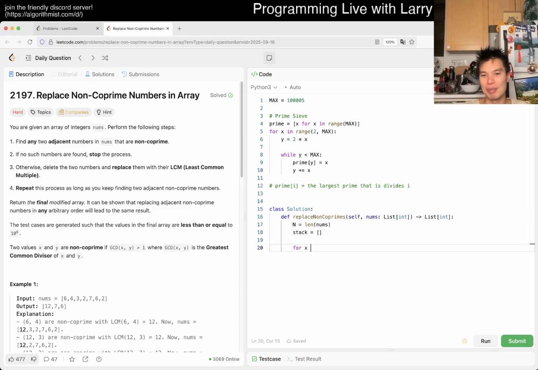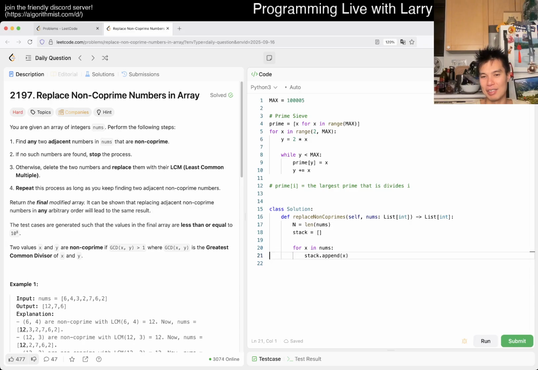So now you repeat the adjacentness, right? So then now, if the length of the stack is equal to 0, stack dot append x. Continue. Otherwise, I guess we just do it anyway.